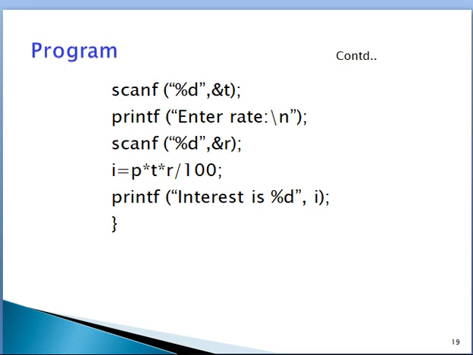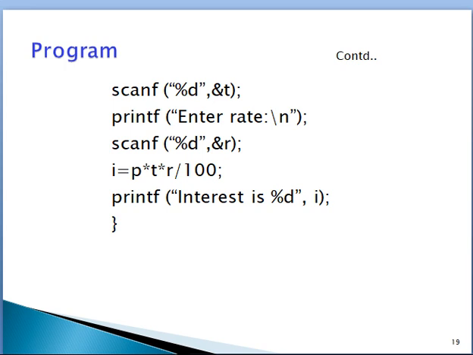As we discussed in the earlier class, whenever the assignment operator is executed, it evaluates the right hand side expression first. After that, the resultant value is assigned to the left hand side variable of the assignment operator. So here the simple interest is calculated and the resultant value is stored in the I variable.